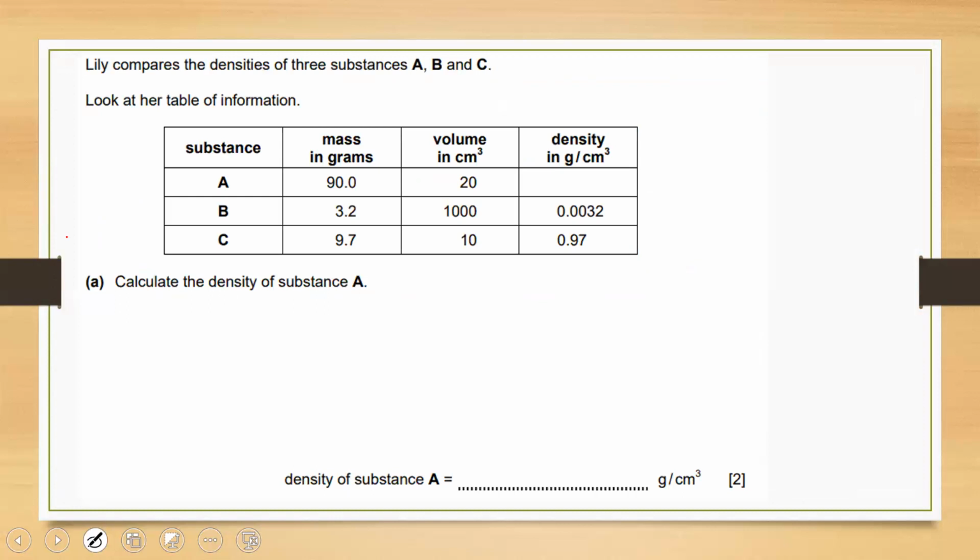All right. Now let's take a look at this question. We are to calculate the density of a substance A. You have been given the mass and the volume, so that makes our work very easy. Density is mass over volume.